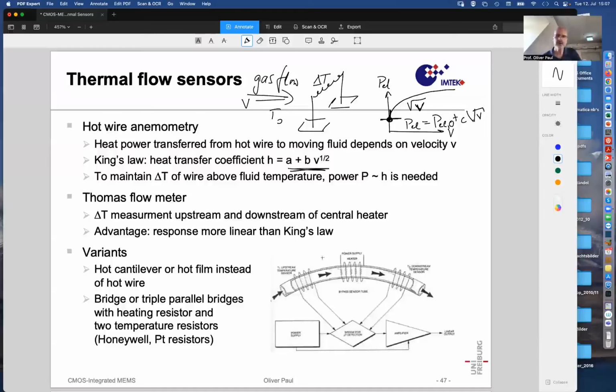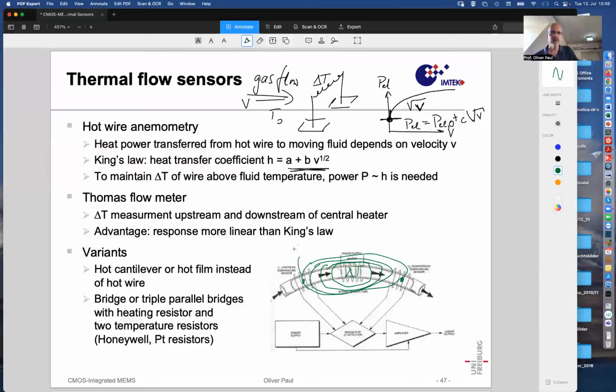So you can imagine that such a heater causes a temperature profile in this structure with isotherms, something like this. I'm drawing very schematically isotherms, and this should be a symmetric curve, so that this temperature and this temperature without flow is the same under this heating by delta T in the center.